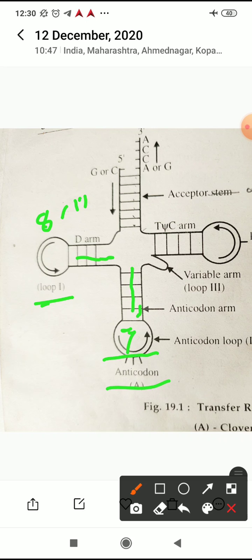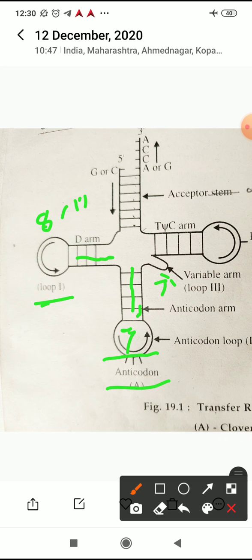Then the next term, that is the variable arm, also called loop 3.